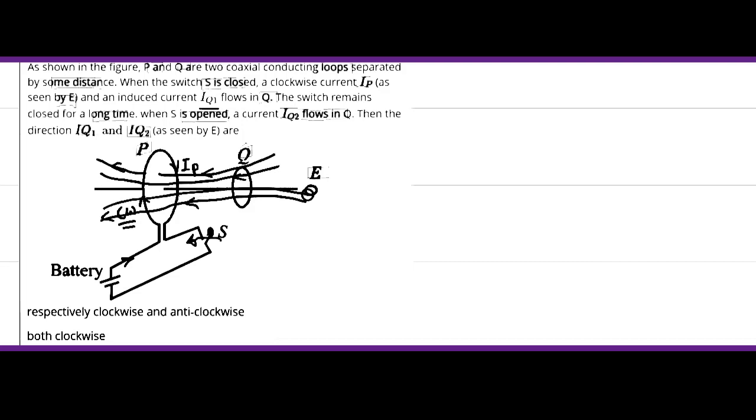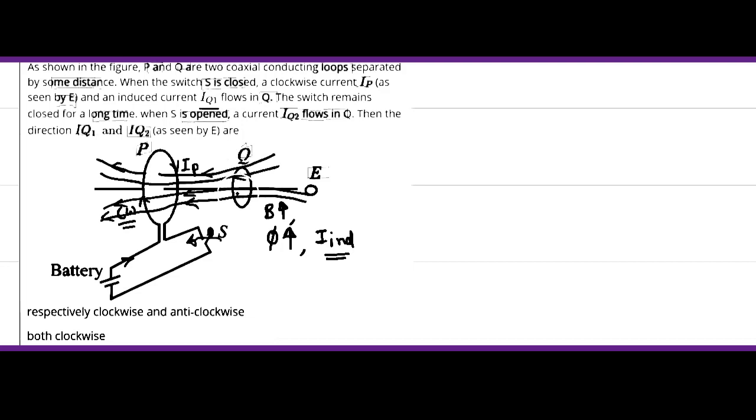This is the direction of the magnetic field by loop P on loop Q. As the current starts to flow, the magnetic field will suddenly start to increase, so the flux across Q will also increase. If there is a change in flux in Q, then an induced current will be developed in coil Q in such a way, according to Lenz's law, that it will oppose the change in flux.